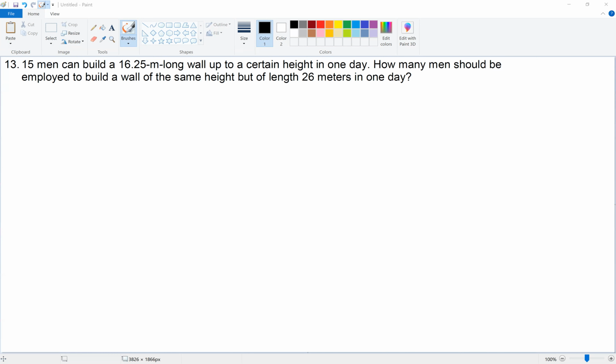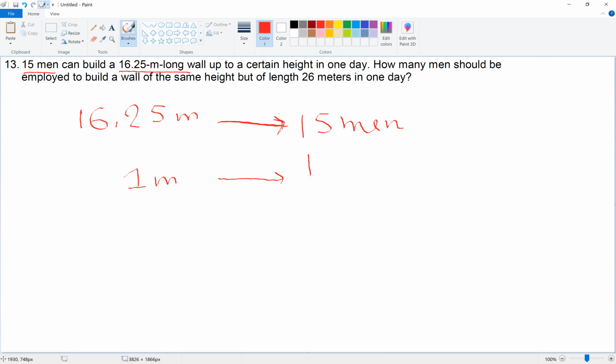15 men can build a 16.25 meter long wall to a certain height in one day. How many men should be employed to build a wall of the same height but of length 26 meters in one day? So I'll put 15 men on the right side because we're trying to find out how many men. And then I would say 1 meter long wall is equal to... hold on. What is on the left side? 16.25. Yep. And then I would say 1 meter is equal to 15 over 16.25.